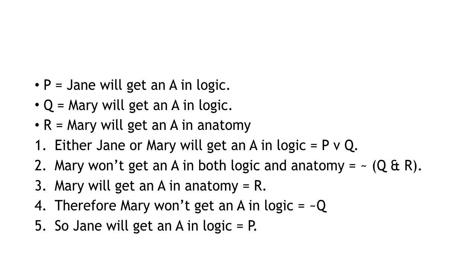So now that we've got this, we can just get rid of all the words. We can just look at the form of the argument. And remember, here's the form of argument. P or Q, not (Q and R), not Q, so P. And so remember, validity is all about the form of an argument.